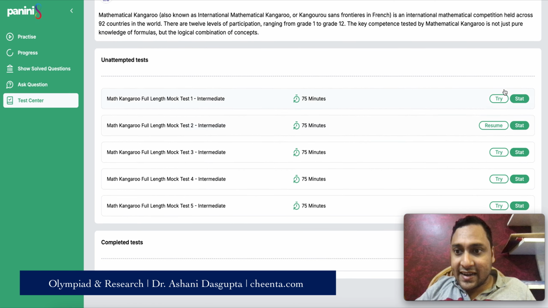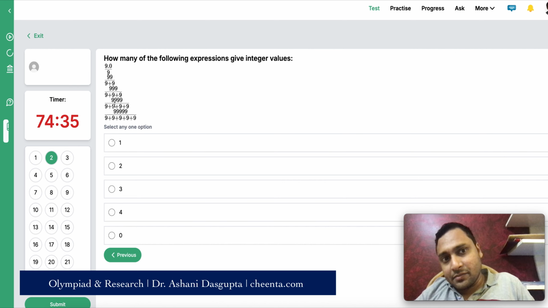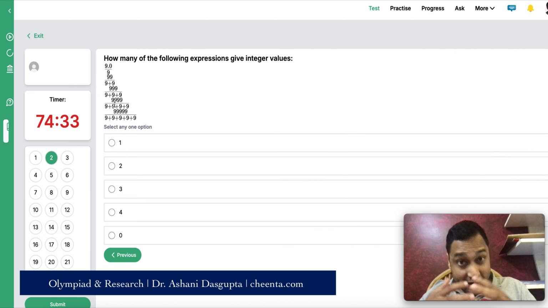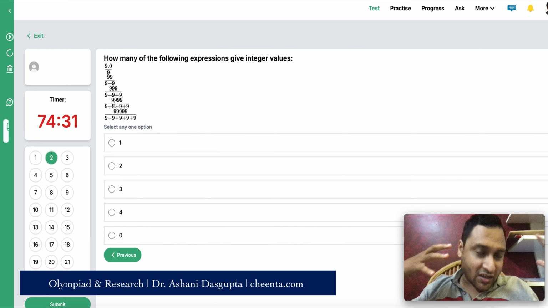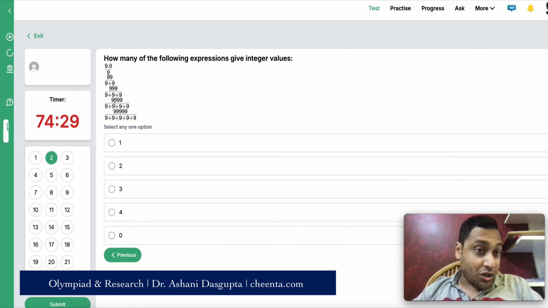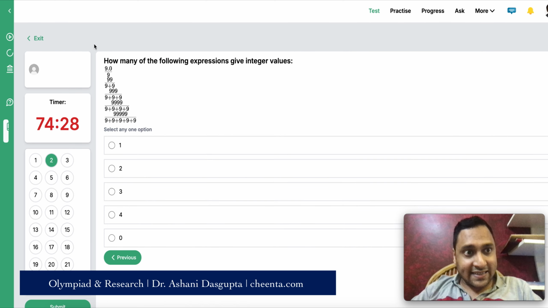You can pause and resume the test whenever you want. We've kept this flexibility because some students may have some computer issues in between. The main point is to actually take the test in one shot. That would be very nice. Okay, so I'll just exit this for the moment. So these are the main 3 functionalities: test, practice, and progress.